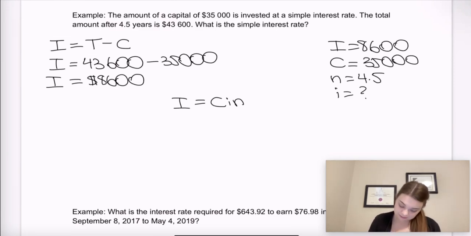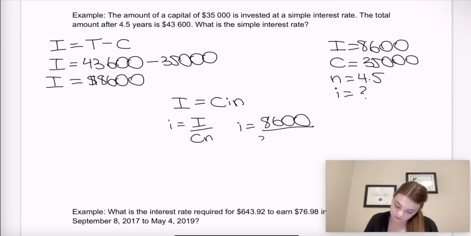So this means that I is equal to I over Cn. If we divide both sides by Cn, the interest rate is equal to the interest of $8,600 over $35,000 times 4.5.